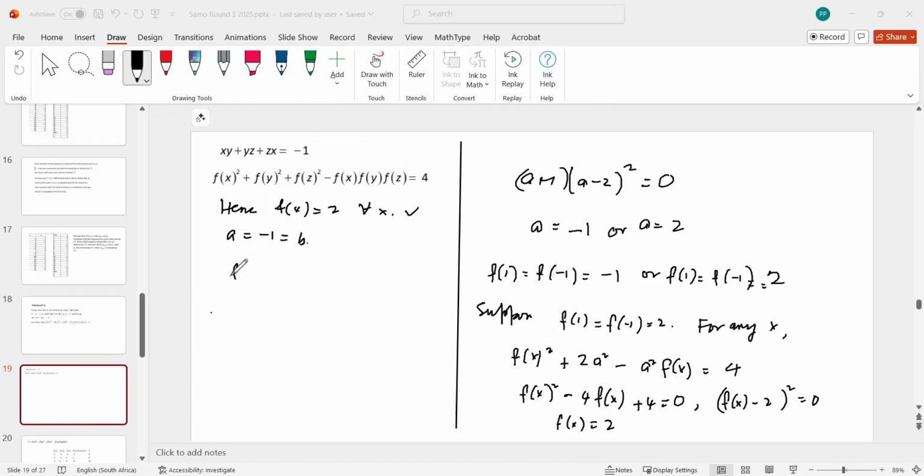So we had f of x squared plus 2a squared minus a squared f of x equals 4, the same equation. A is equal to negative 1. So you have f of x plus 2. A is negative 1. F of x. Right? A is negative 1. And then you have another quadratic equation.